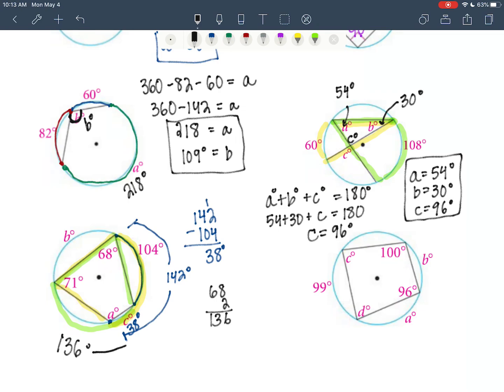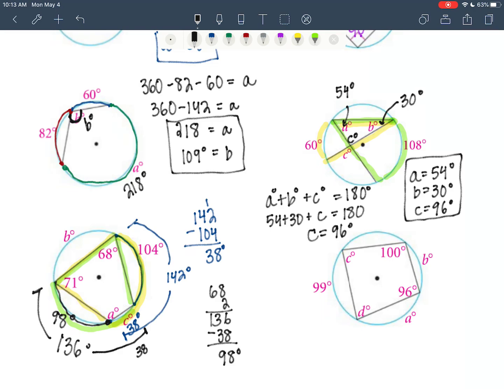So this whole thing right here is 136, but part of it is 38, right? So if I take 136 minus 38, I'm going to get 98 degrees. So this part right here is 98 degrees.